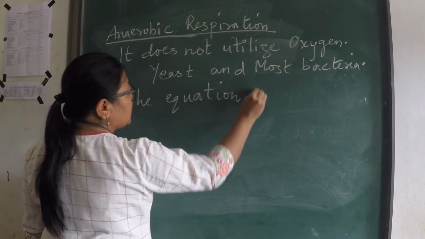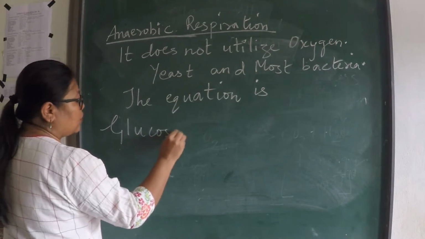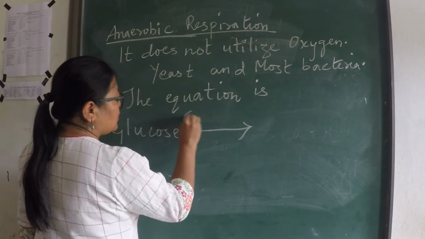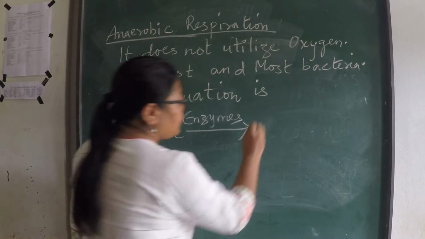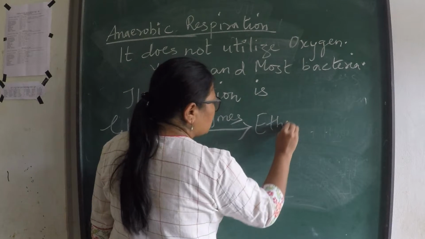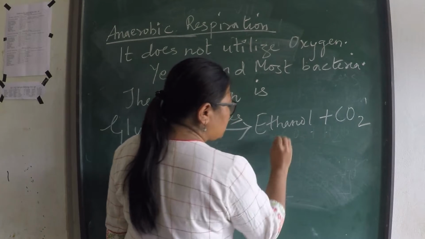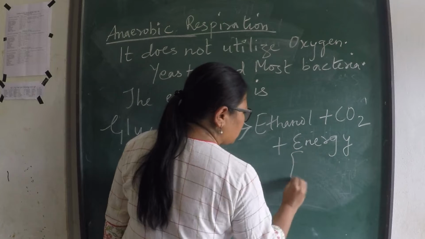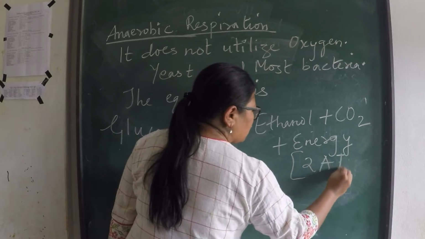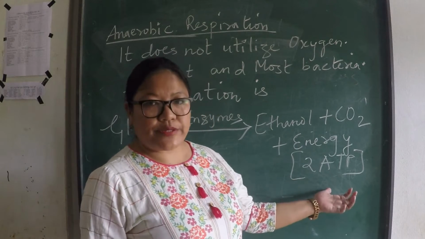The equation is glucose with enzymes gives us ethanol plus carbon dioxide plus energy. The amount of energy that we get here is only 2 ATP.